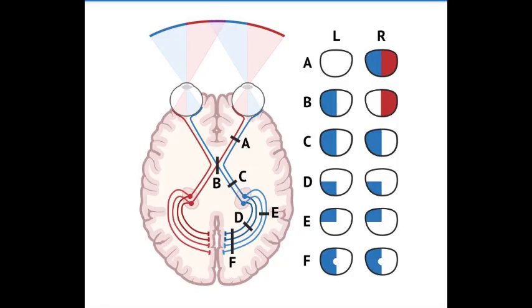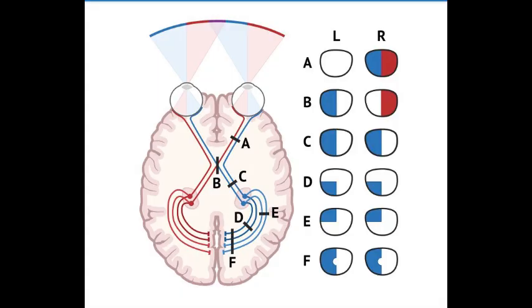So, what we should know is that if you have a retrochiasmal lesion, that is a lesion at the back of the chiasm, we are going to get some sort of homonymous hemianopia. Quadrantanopsia will be caused by affectation of the calcarine cortex, depending on where it's affected. So either the upper or the lower calcarine cortex, or the right or the left calcarine cortex, which carries information from their contralateral visual field.